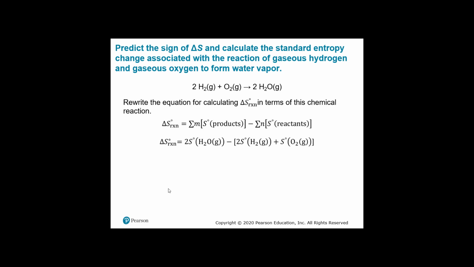All right, so now we're going to rewrite the equation so that we can calculate the change. And as you can see, we have products minus reactants, and the coefficients play a part in it. So we set it up with the water as a gas as our products, and then as our reactants, we have hydrogen gas and oxygen gas.